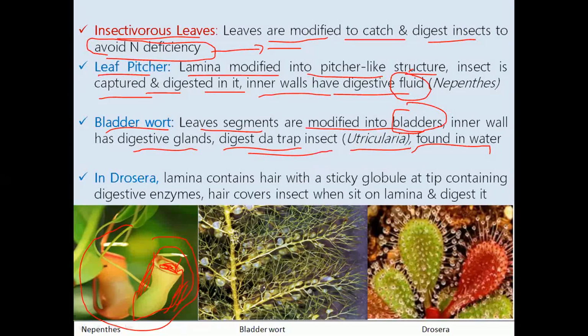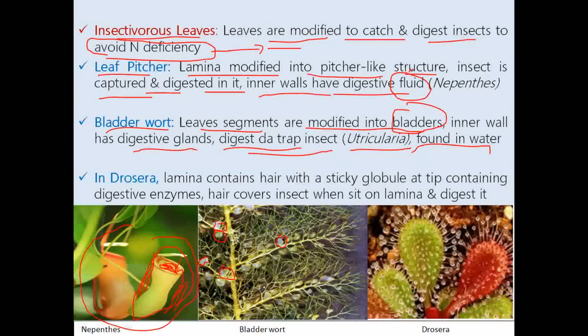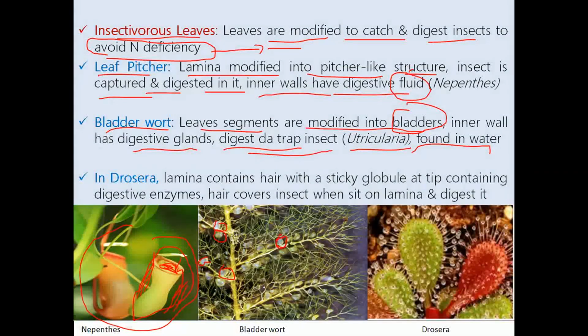So you can see here, these are the structures. These spherical circular structures are known as bladders, and the inner wall of these bladders contains digestive enzymes. So when an insect is trapped, it is digested here by these enzymes. Next one is Drosera. Here the lamina contains hairs with sticky globules at the tip containing digestive enzymes.